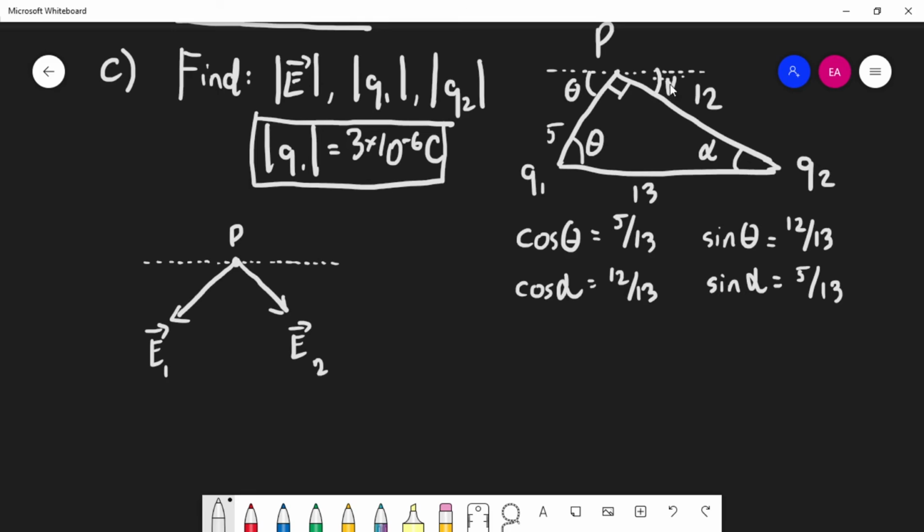Therefore, this angle should be alpha. That will also apply here. This angle is theta. This angle is alpha. Okay, so we have our two directions already.